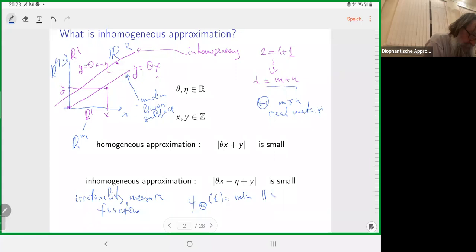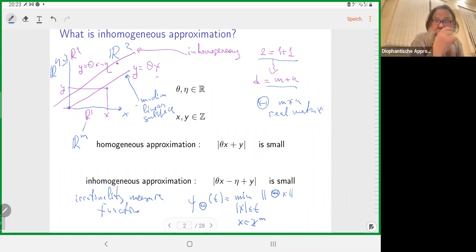Here I write x less than t. If m equals n equals 1, then x is just an integer number, but in general it is an integer vector, and the distance to the nearest integer is also multidimensional.